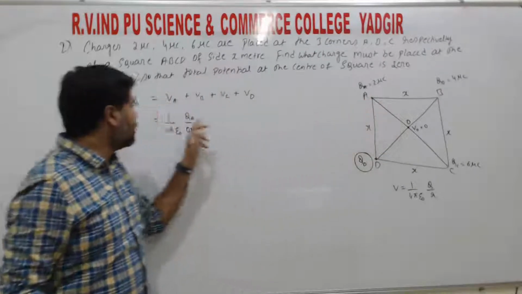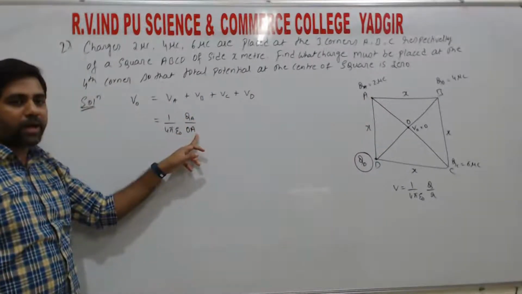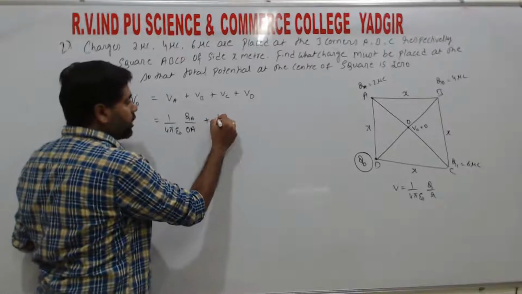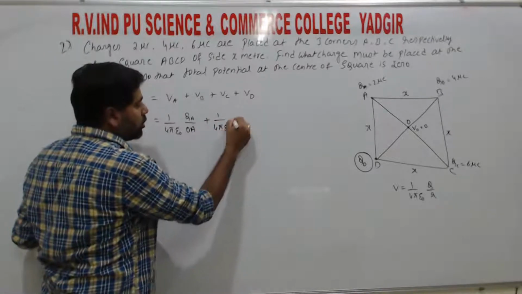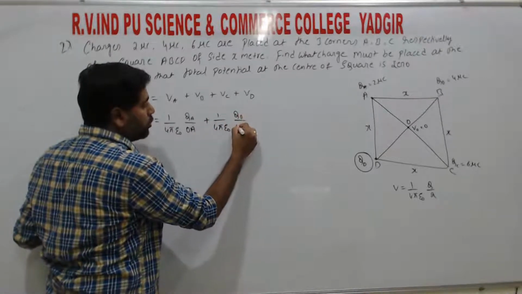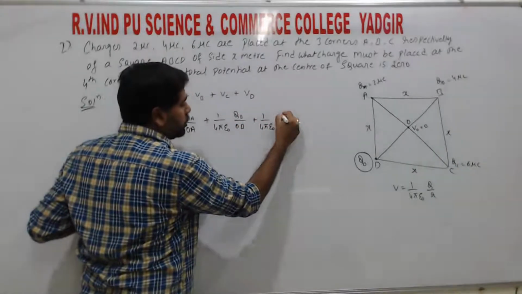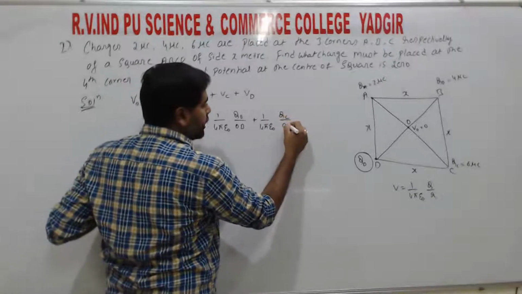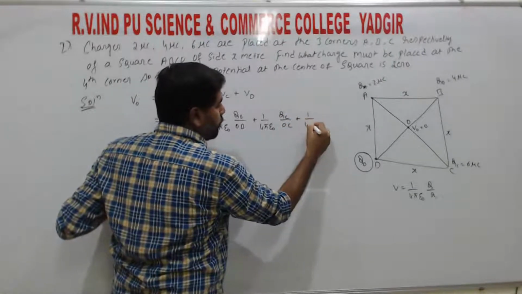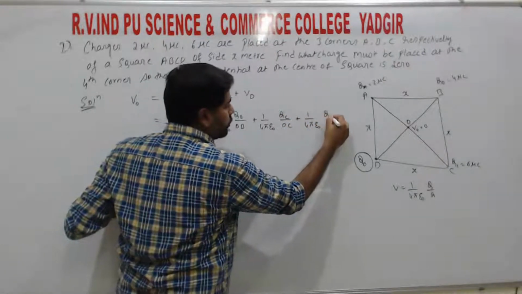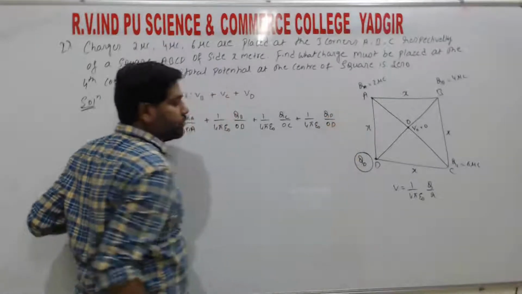So for VA it is QA divided by OA, same as 1 by 4 pi epsilon naught QB by OB plus 1 by 4 pi epsilon naught QC by OC plus 1 by 4 pi epsilon naught QD by OD.